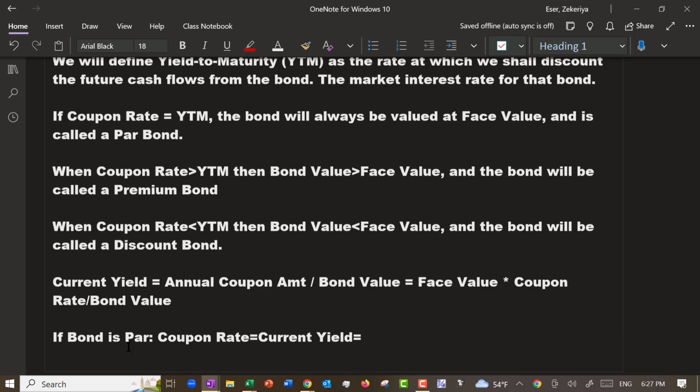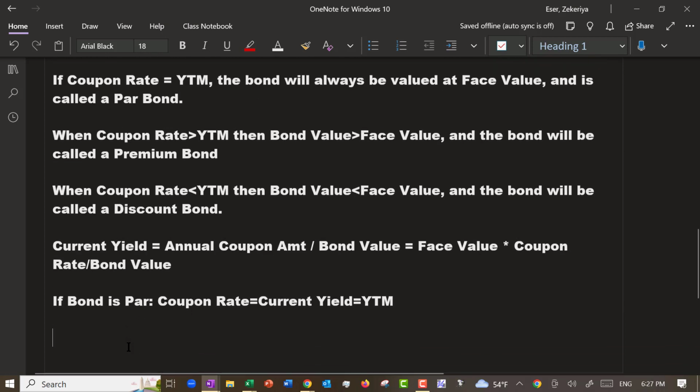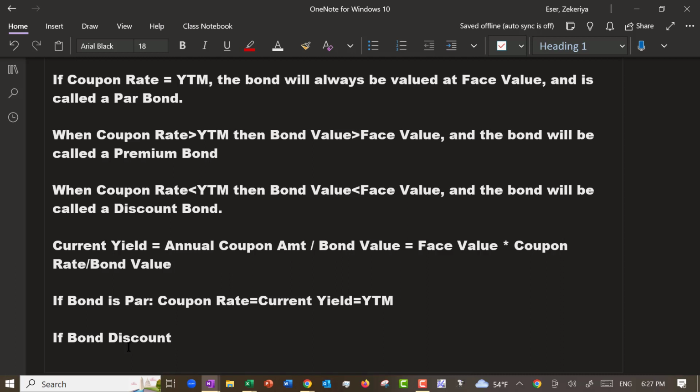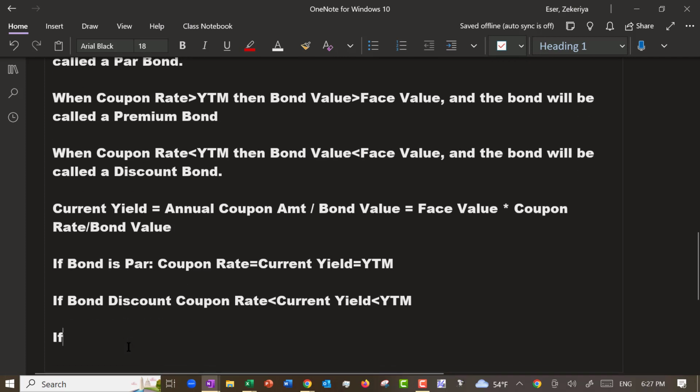If the bond is discount, coupon rate is less than current yield, which is also less than YTM. You guessed it, for a premium bond the inequality is reversed.